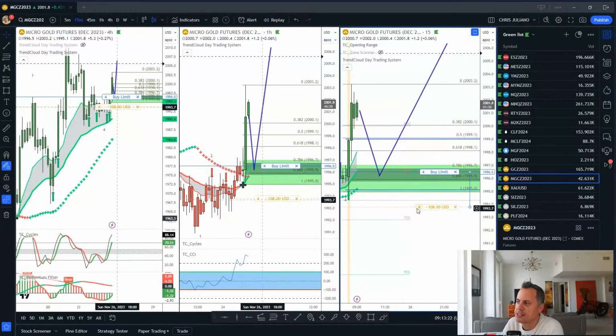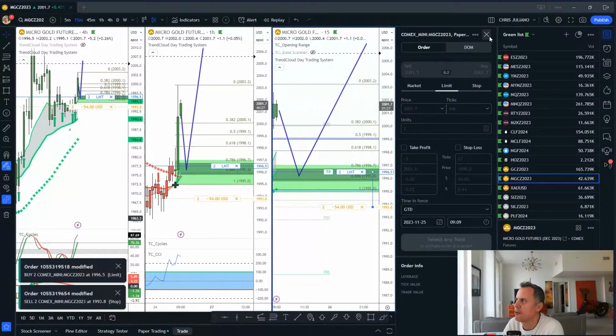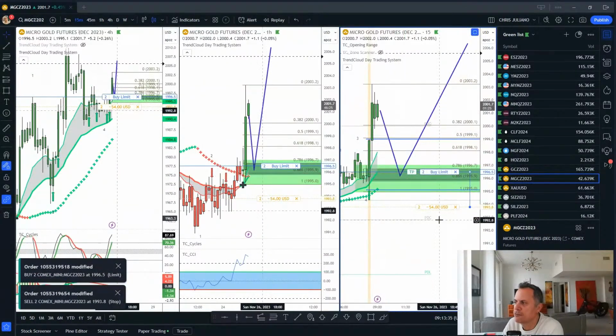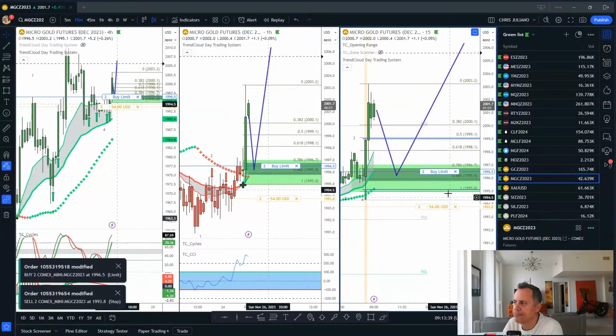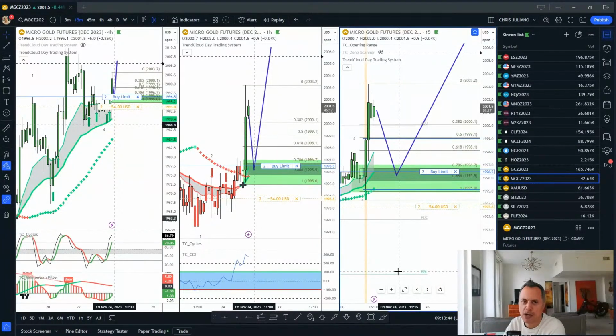So what do you have to do in that situation? Well, you simply have to find a number that you're comfortable with. Maybe you're really only at $54. Like, I am comfortable taking that $54 risk. Okay. Well, then you want to stick to that throughout your trading process.